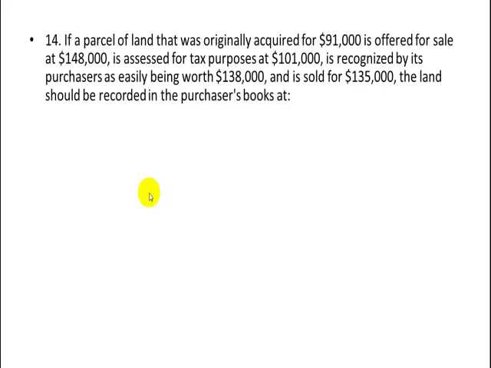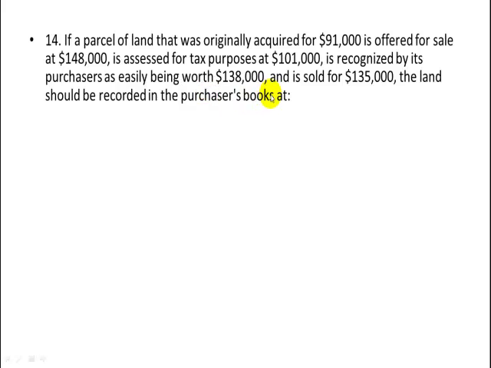Okay, so the problem says if a parcel of land was originally acquired for $91,000, is offered for sale at $148,000, is assessed for tax purposes at $101,000, is recognized by its purchasers as easily being worth $138,000, and is sold for $135,000, the land should be recorded on the purchaser's books at how much?